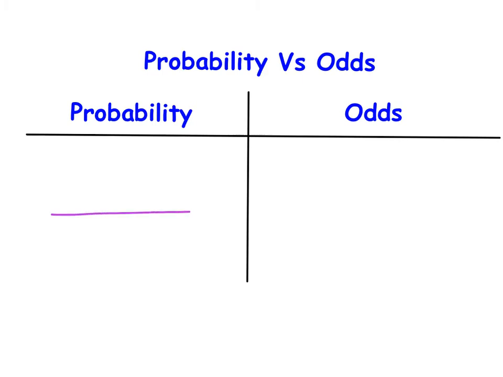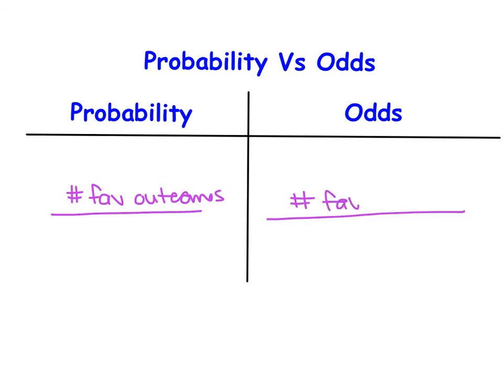So just to quickly summarize what we've just learned, probability and odds are similar in the fact that they both have a fraction. They both also have the number of favorable outcomes in their numerator. Where probability and odds differ, and where we have to be careful when we read, is what goes in the denominator.